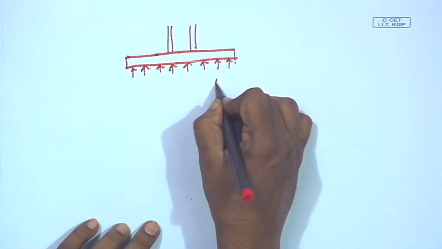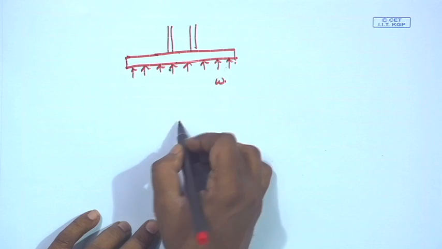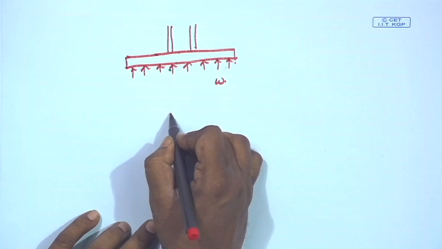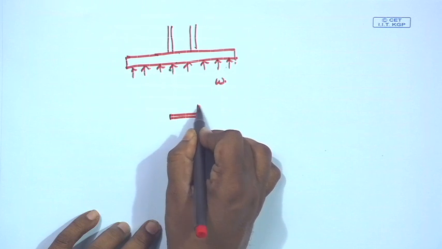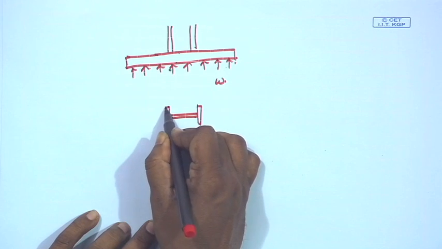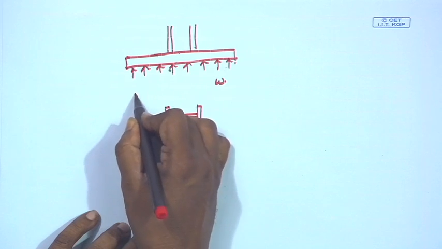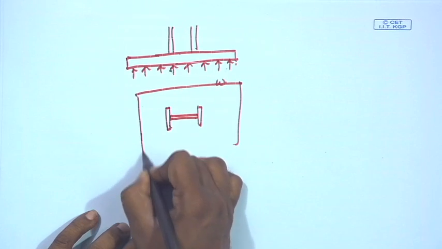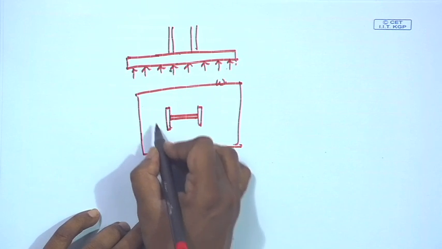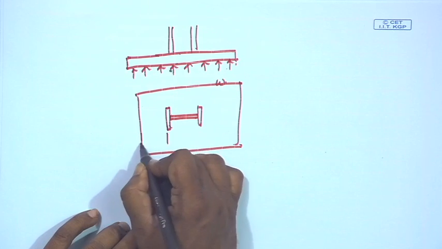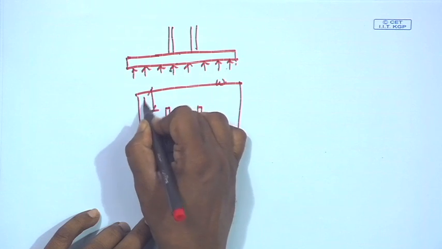So, this is W, right, and at top view if we see, the column is something like this. So, projection means the base plate is like this. So, the projection will be, this is A and this is B.